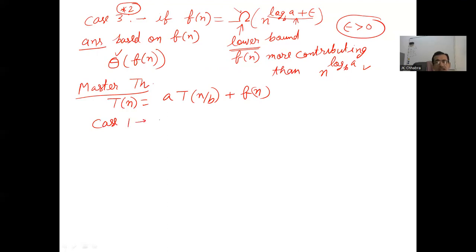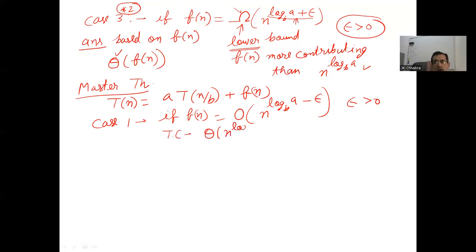I will define the conditions now also: if Fn is upper bound by n power log b a minus epsilon, epsilon greater than 0, then I say the time complexity will be theta of n power log b a.